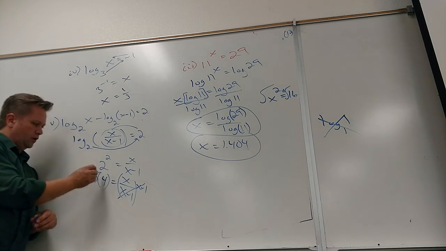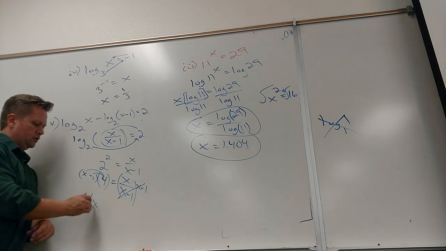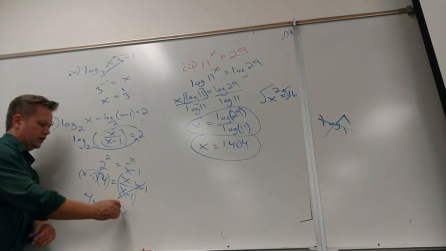Kill that. So I get 4x minus 4 equals x.